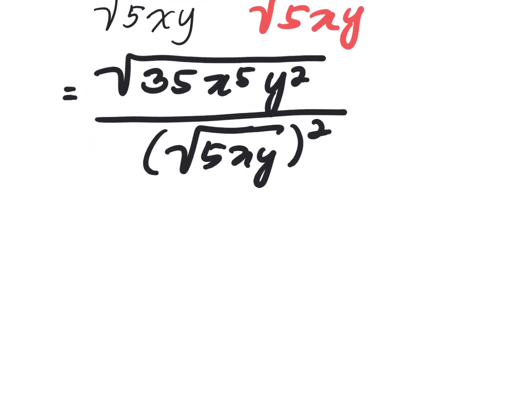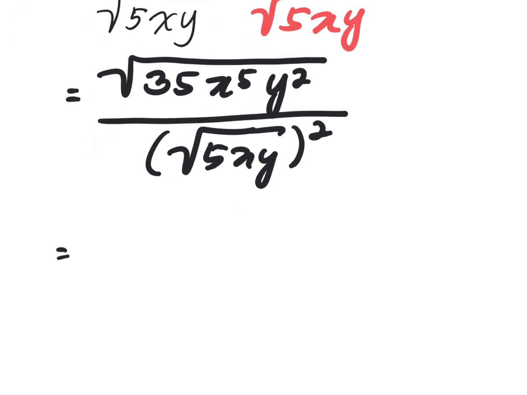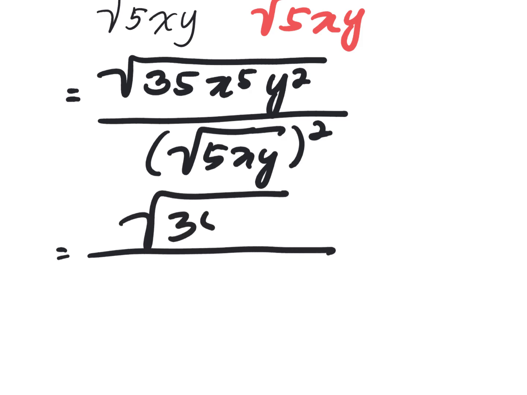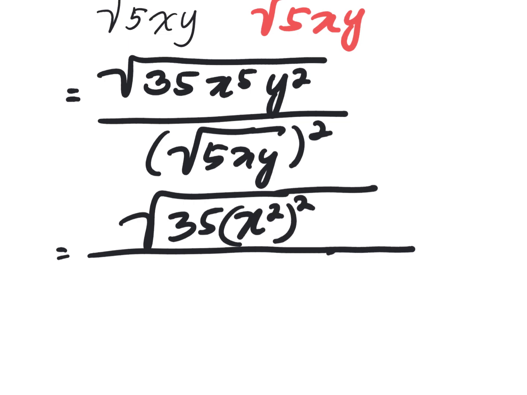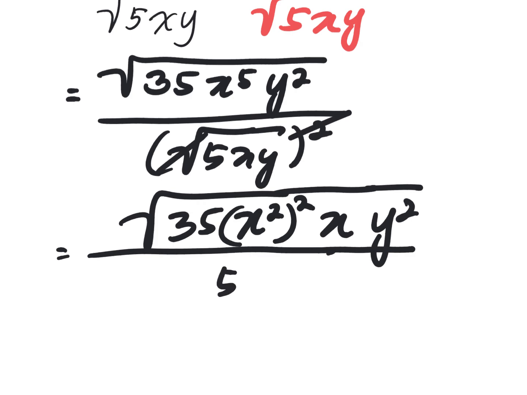Okay, let's simplify now. In here, the 35 is going to stay inside the radical sign. x5 can be the same as x squared raised to 2. It's going to give you x4, then one more x times y squared. Okay, simplifying the denominator, it's going to give you only 5xy.